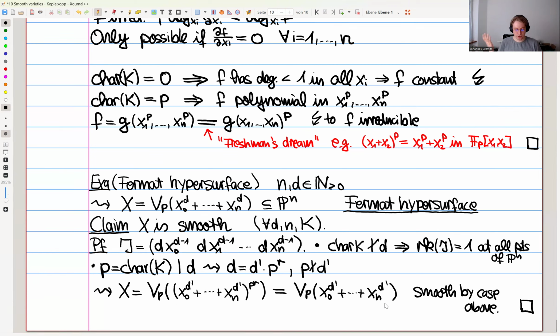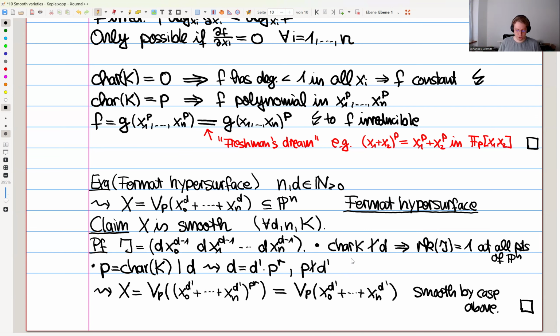So in this case, we have reduced the Fermat hypersurface of degree d. We have just seen it's the same thing as the Fermat hypersurface of degree d'. But now we're in good shape, because by assumption the characteristic no longer divides d'. And we have already checked this case and have seen it's smooth there.